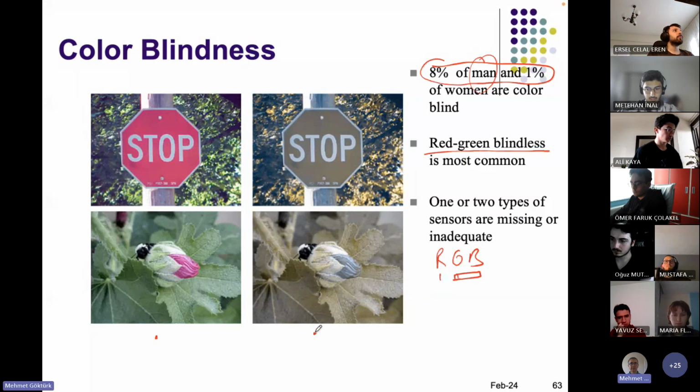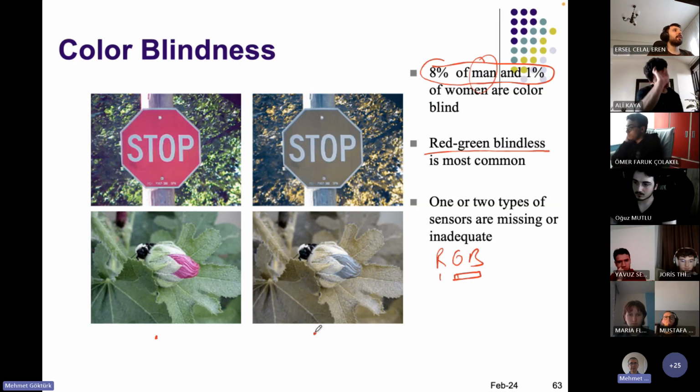If you are colorblind, you will still see these two pictures differently, because each of them is also generating signals. But these two will be perceived differently than what the general population perceives.